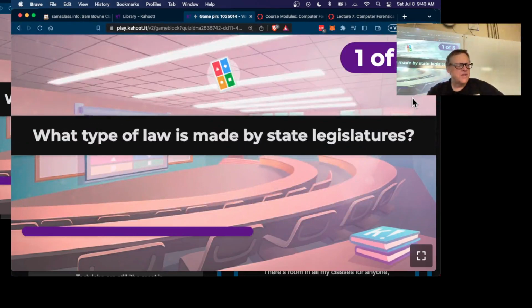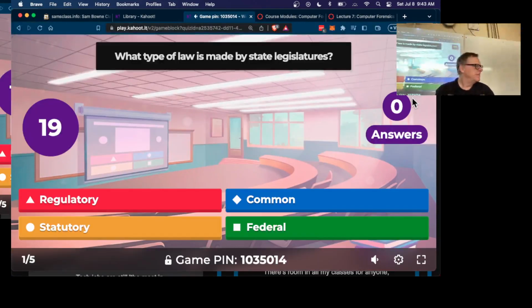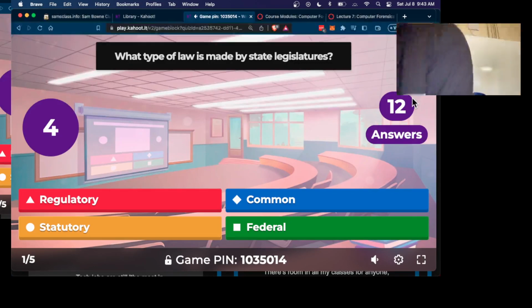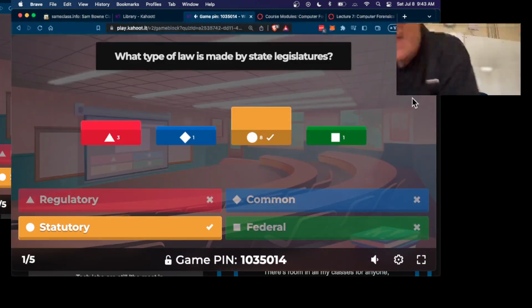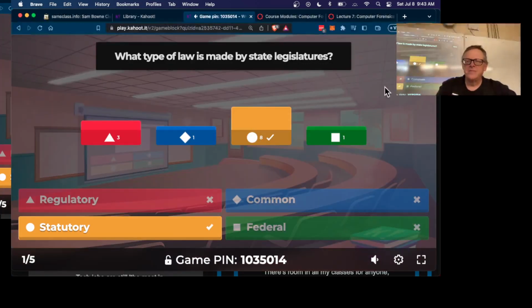All right, so what do state legislatures make? Yeah, they make statutory law.